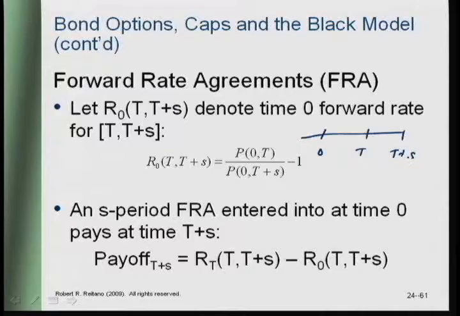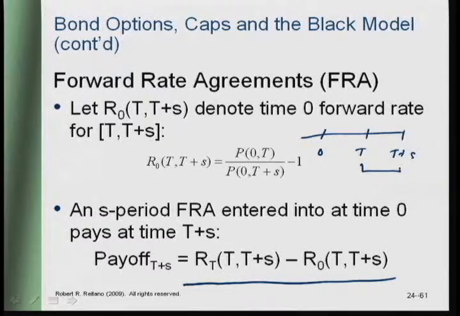So if we wanted to talk about an S period forward rate agreement at time zero that has a payoff at time T+S, the payoff of this contract, and this payoff can be positive or negative, it's not an option, so let's keep that in mind, is the difference between the spot rate that prevails at time capital T for the period T to T+S and the forward rate.